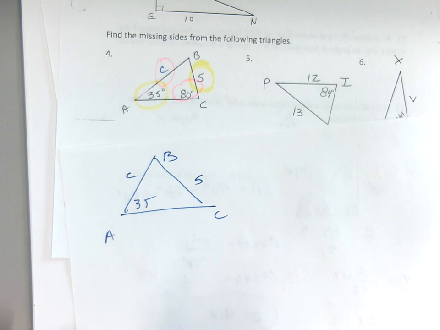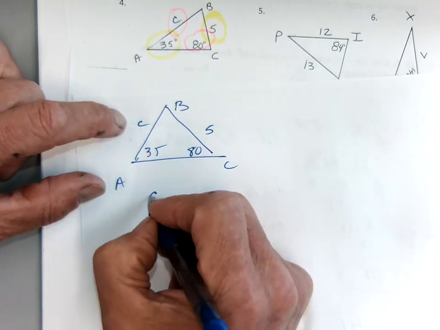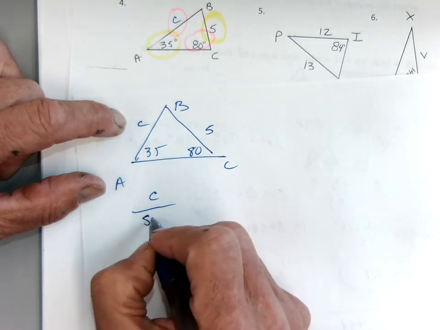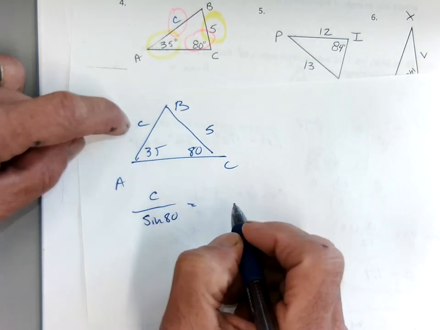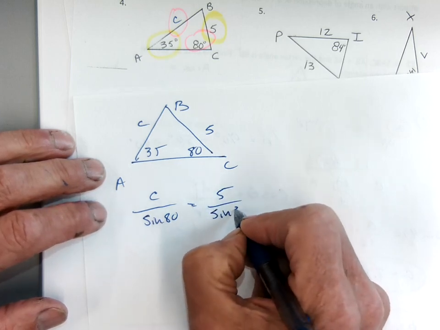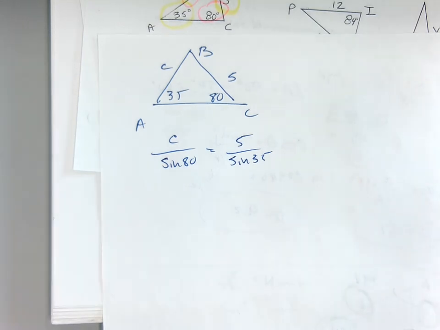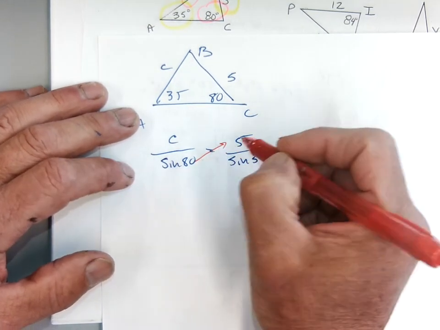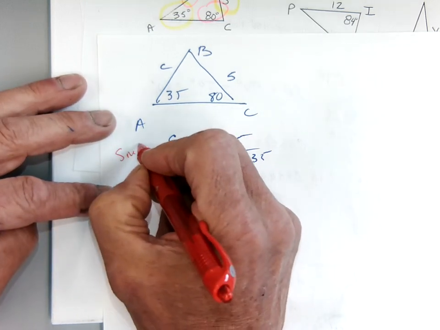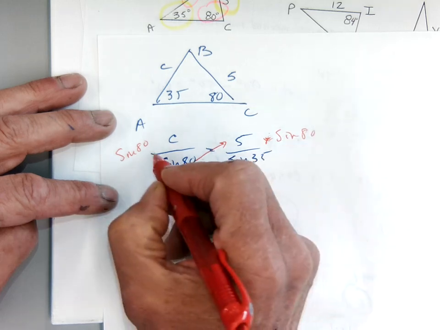So I'm going to set up my C. It's all about opposites. C over the sine of 80 equals 5 over the sine of 35, right? Okay. We've got to solve, so I'm going to cross multiply up by the sine of 80.